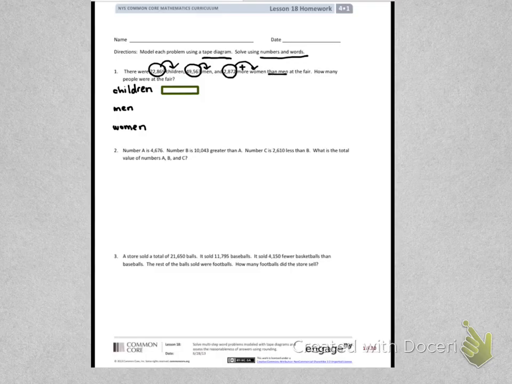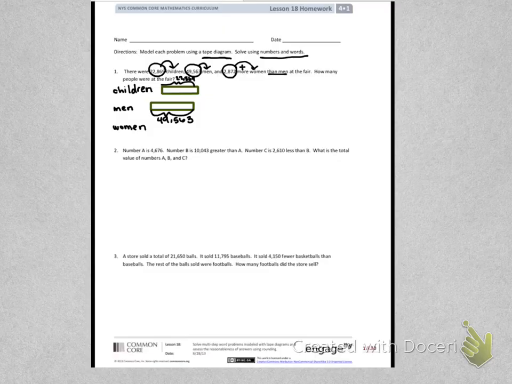I'm going to put that above it. 22,869. The men, they represent 49,563. Now the women, they represent 2,872 more than the men.